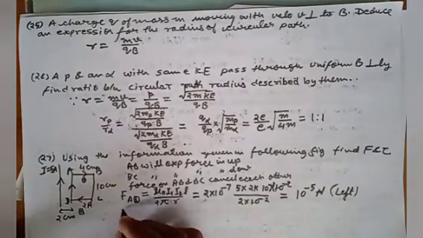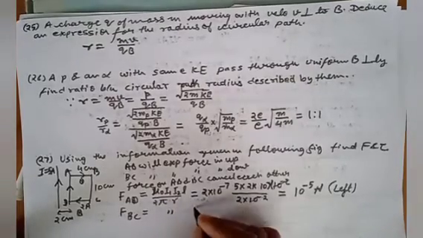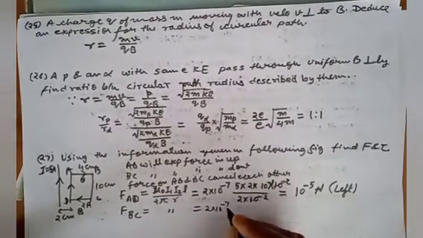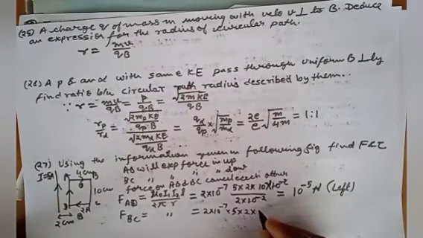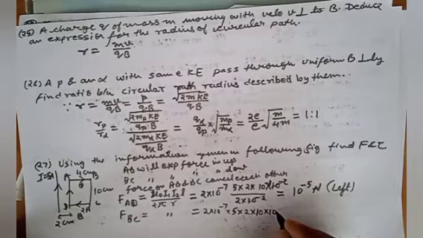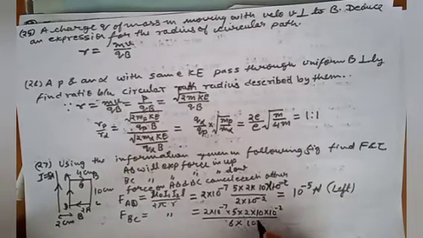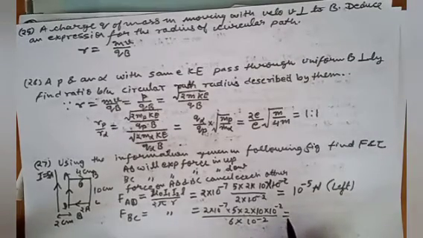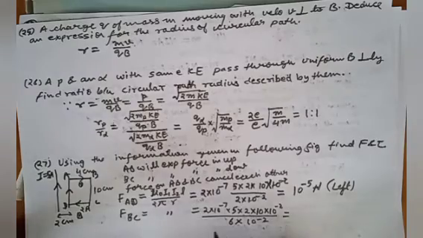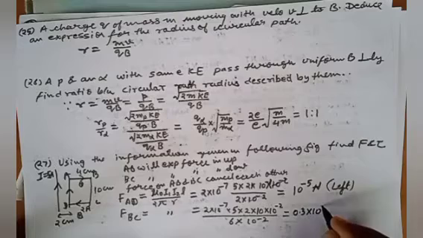Okay, next, the force on BC is once again the same formula. So 2 into 10 to the power minus 7 into 5 into 2, everything is the same, 10 into 10 to the power minus 2 upon, only the distance will change. It will now become 6 into 10 to the power minus 2. Earlier it was this, so now it will be 0.3 into 10 to the power minus 5 Newton.